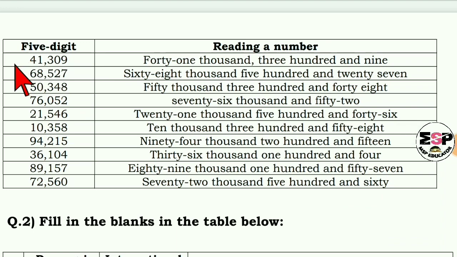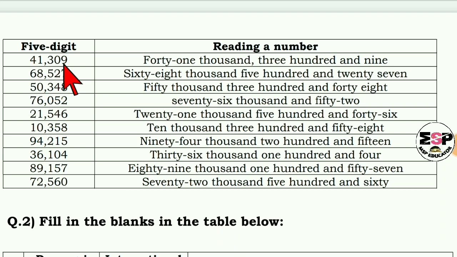Now see 5-digit numbers. Yes, as we write and read the 4-digit numbers, like that only here you are going to form 5 digits. So see the first number: 4 is on the 10,000 place, 1 is on the 1,000 place, 3 is on the 100 place, 0 is on the tens place, and 9 is on the unit place.